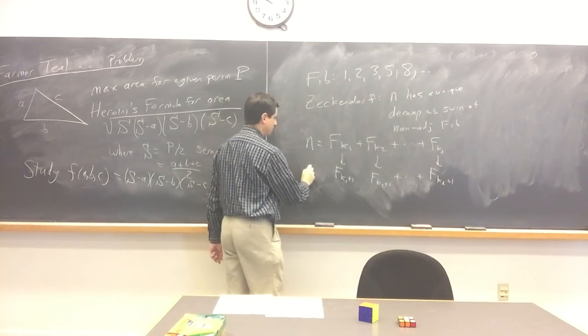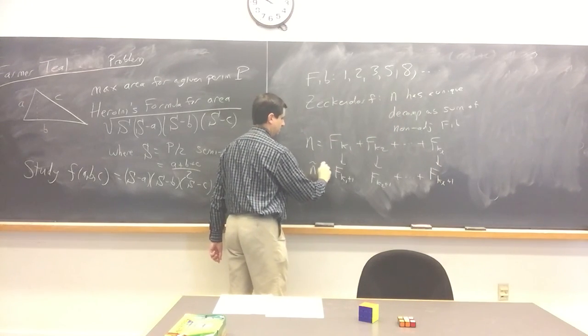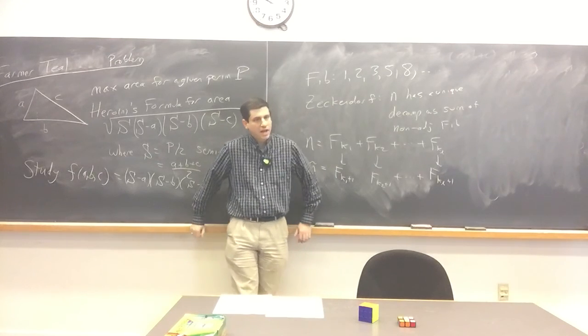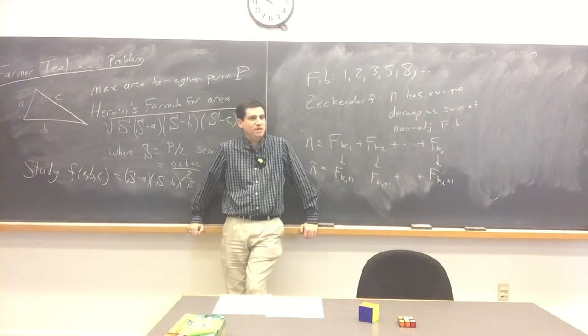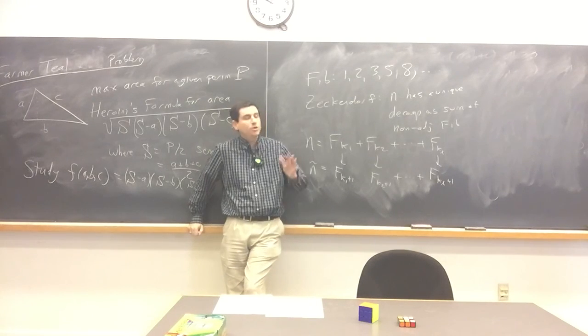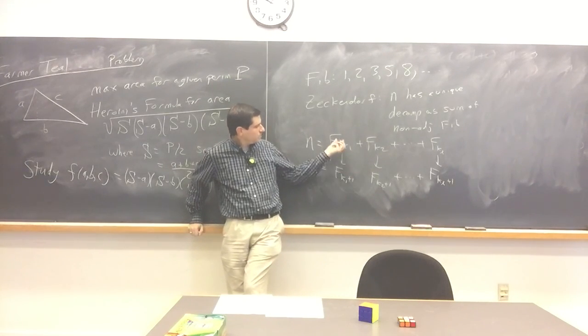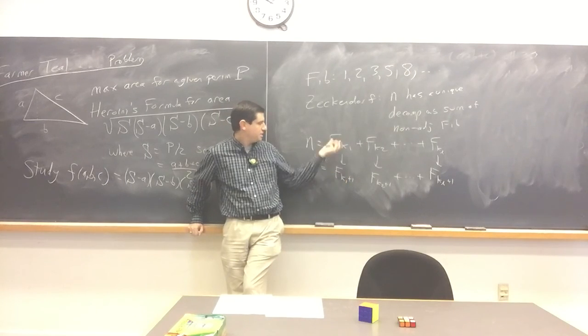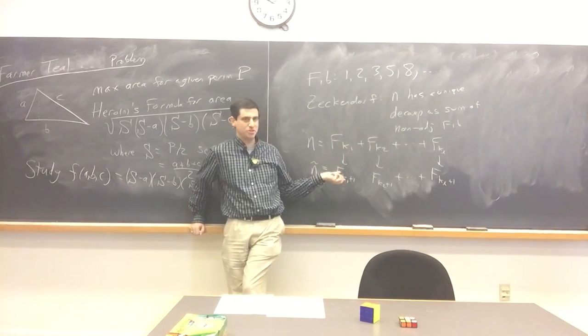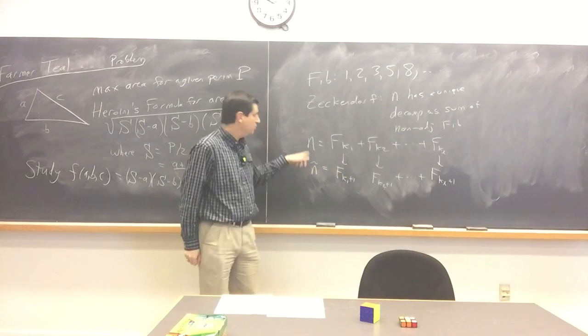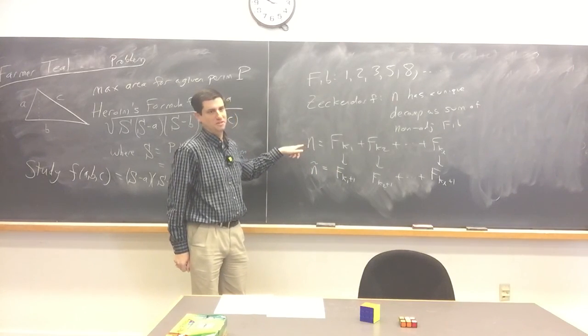And this will give me a new number. Let's call this n tilde. Okay? Anybody know approximately how big the golden mean is? About 1.6. So once k is large, this is basically multiplying these numbers by about 1.6. So n tilde is about 1.6 times n.